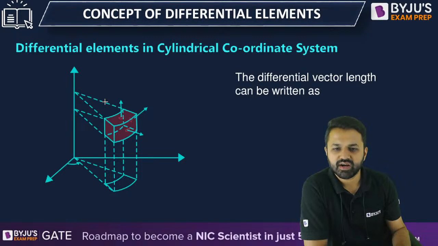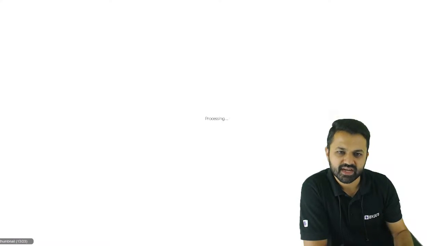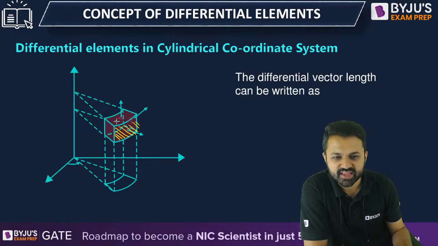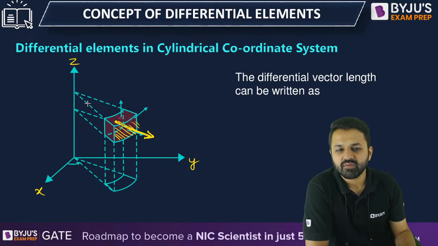Okay, now suppose this is A, B, C, D, and whatever it may be, let's write according to the surface. Suppose I talk about this surface, where you are inside and moving from inside to outside. You can see which axis you are moving away from.